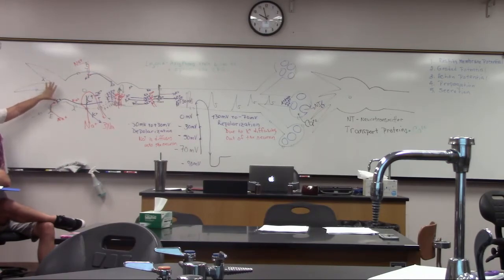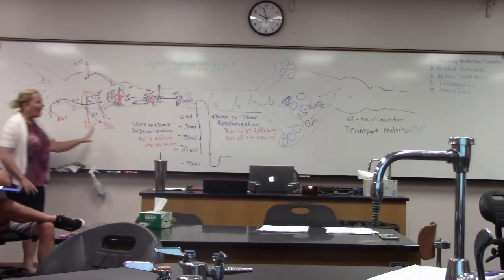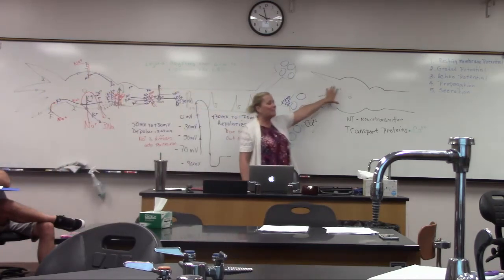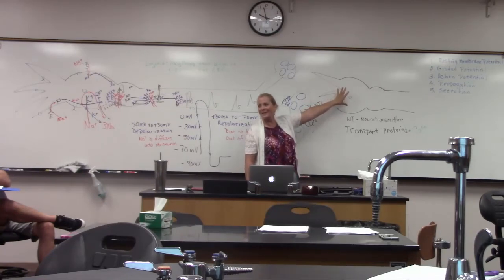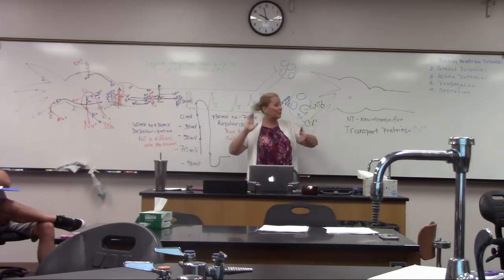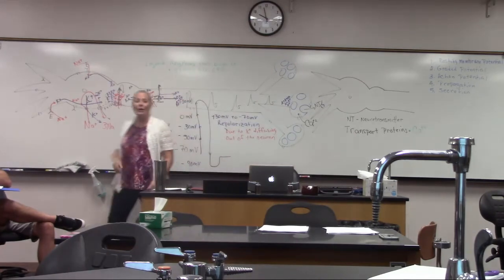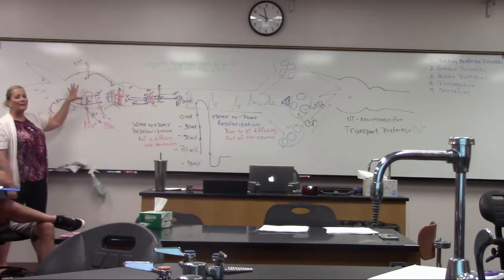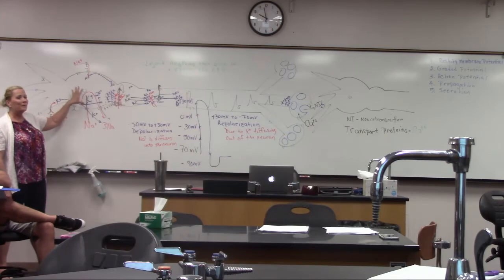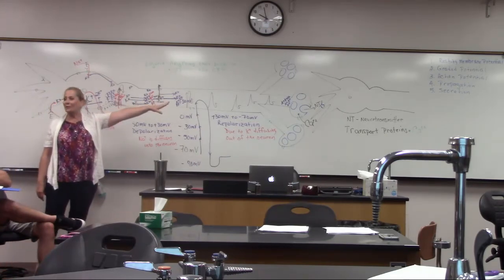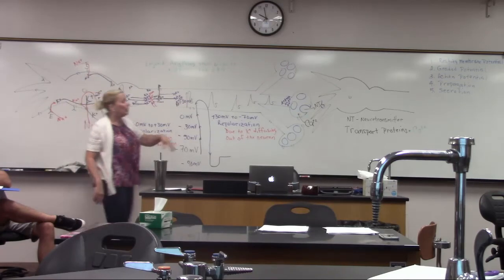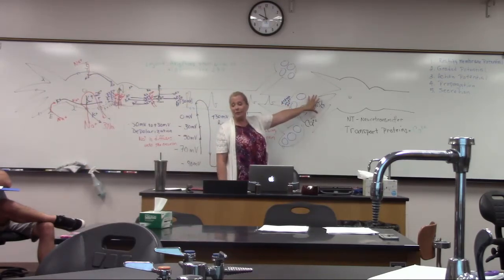However many ligand-regulated gates opened on this first neuron has to be the exact same number that opens on the second neuron, or we've got a problem in telling the brain what we're actually perceiving or feeling. So how do we make sure if there's 500 ligand-regulated gates that open on the presynaptic neuron that we'll only have 500 that open on the postsynaptic neuron? Well, we only want to release enough neurotransmitter to open only 500 gates.